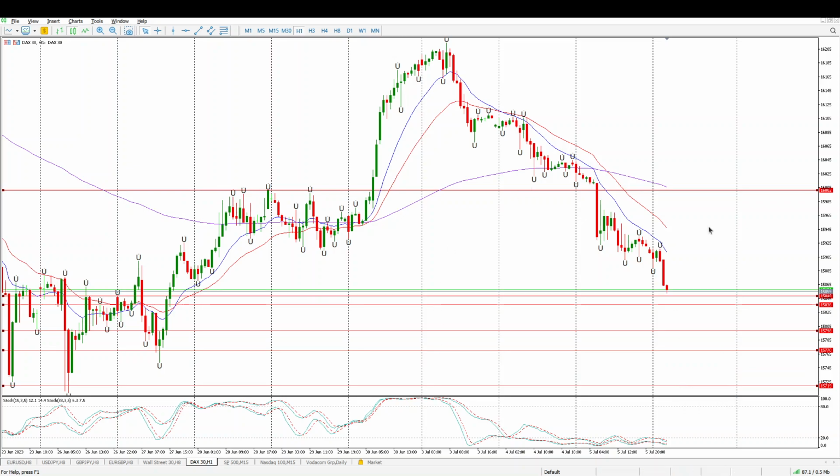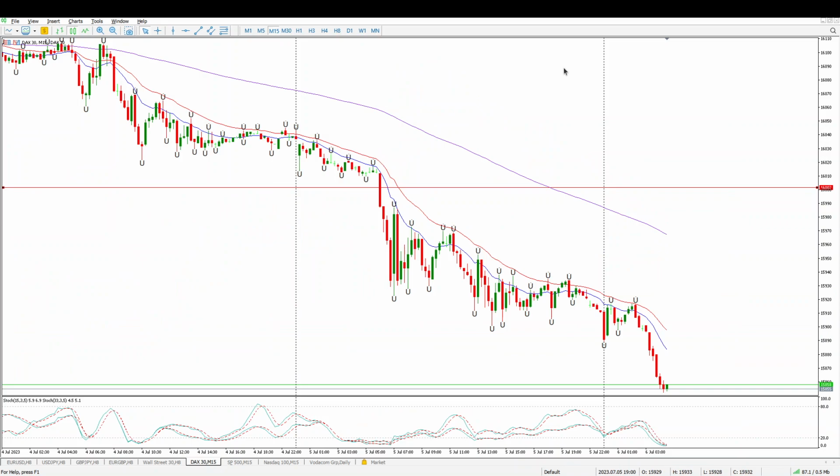So I would expect something to happen somewhere around here. We are oversold at the moment. Slight divergences here as well. So, this could be a bit of a flag. Not entirely comfortable with it, but if you look at how price behaved yesterday, it was a downward trend.